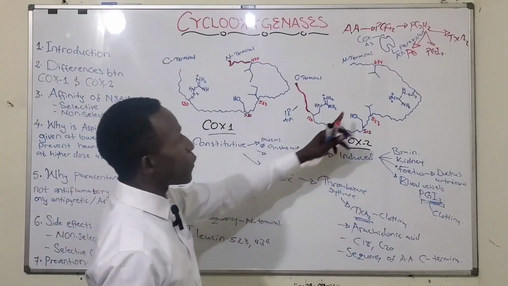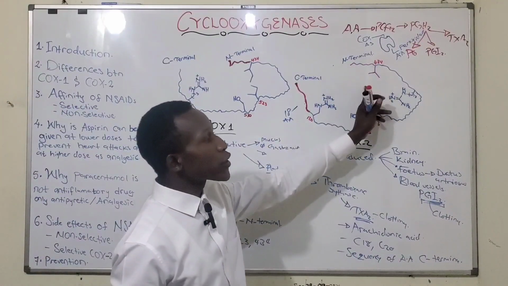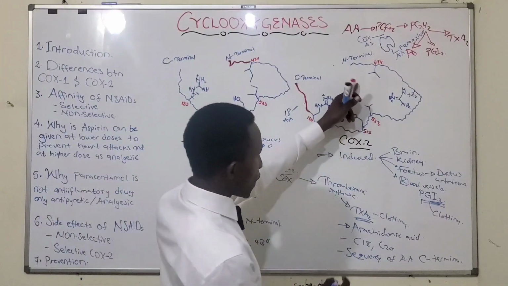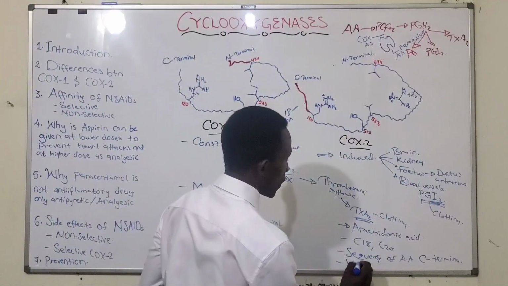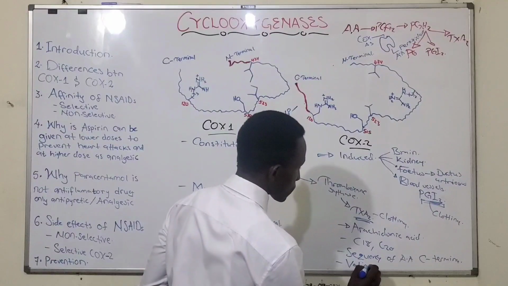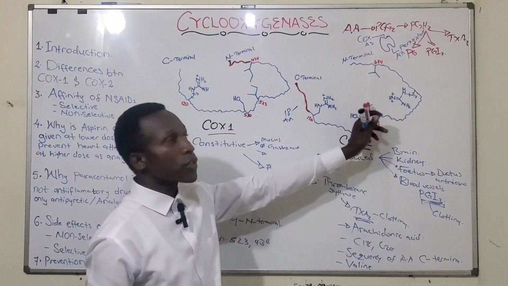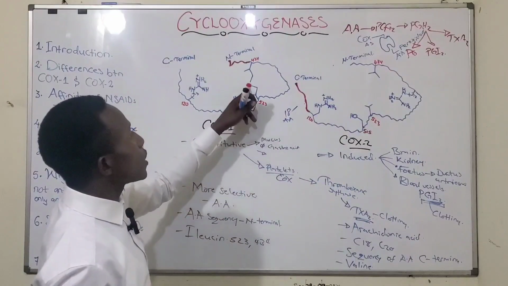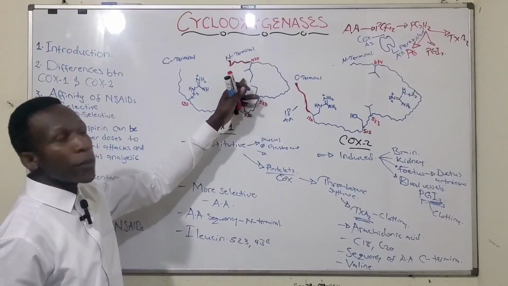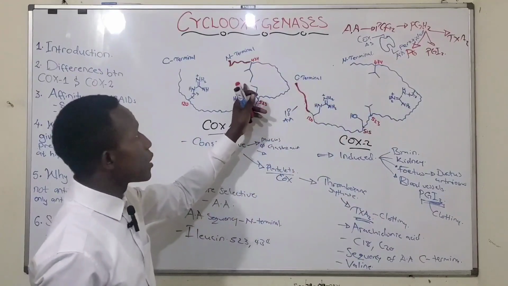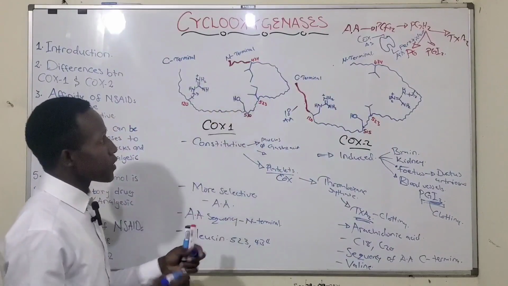But for COX2, instead of this amino acid, it has valine in the same positions. And this one, you can see that it's a little bit bigger than this one. This is smaller, this is larger. We shall talk about this also.